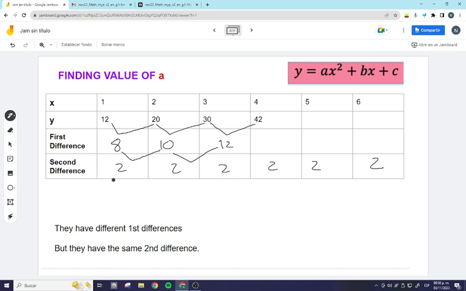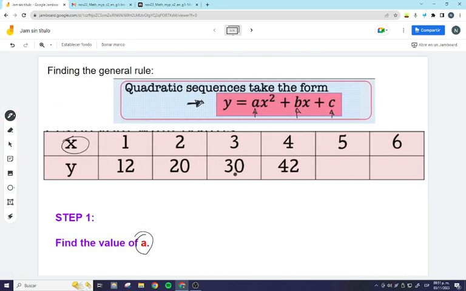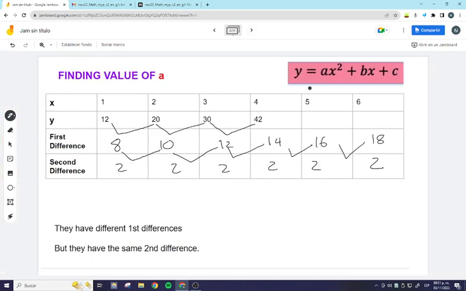If we know that the second difference is always constant, we can find the new first differences. The difference between this one and the next one is going to be 2. So this one is 14, this one is going to be 16, and this one is going to be 18. Now we can complete the original chart of the pattern. We can find positions 5 and 6.